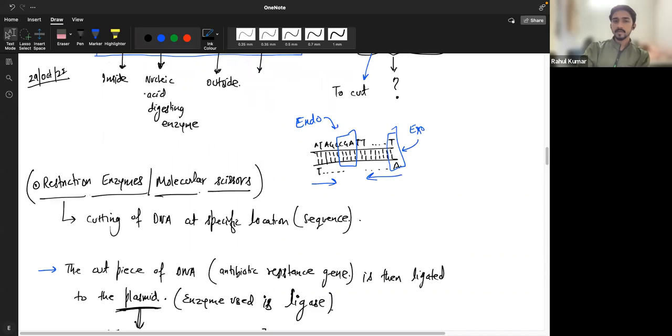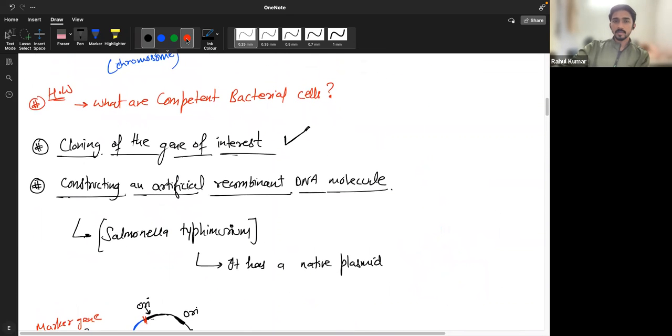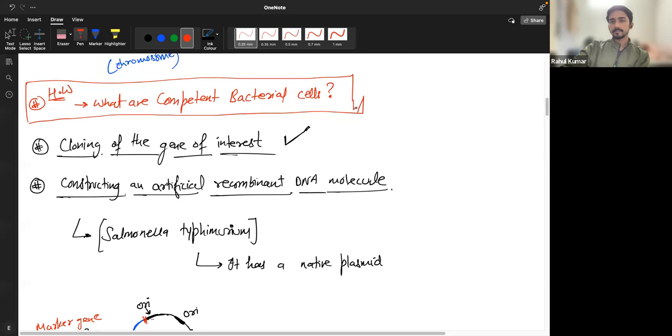That's why I asked you in the very first class, this was your other homework. I hope you did it. What are competent cells? Has anyone figured out what competent cells are? What is a competent bacterial cell?